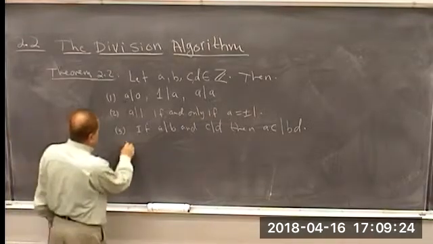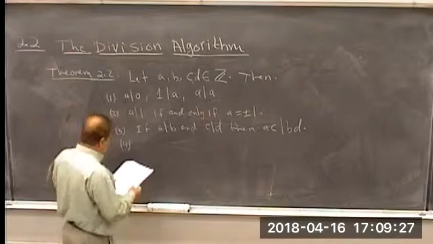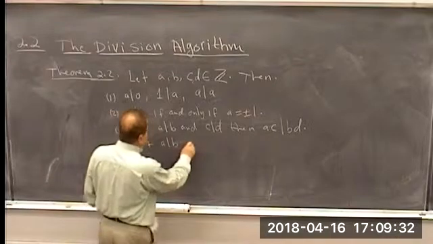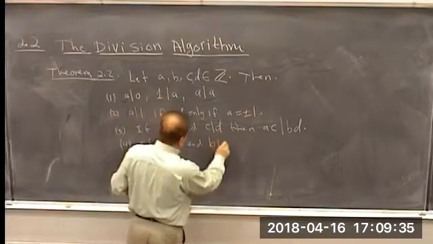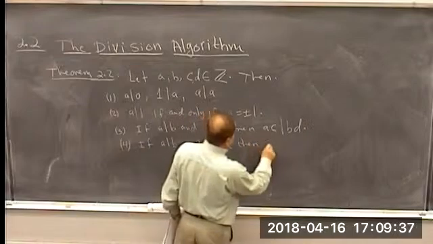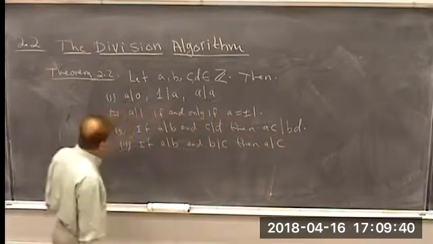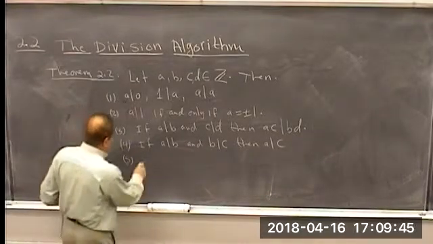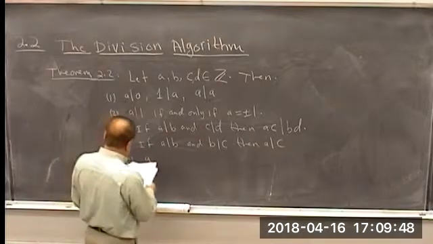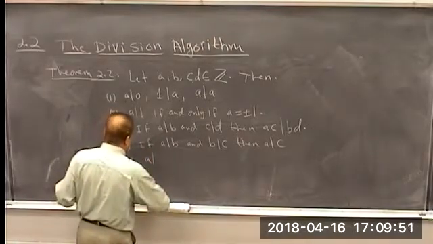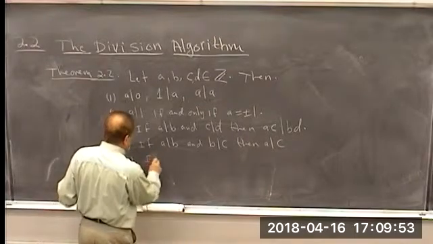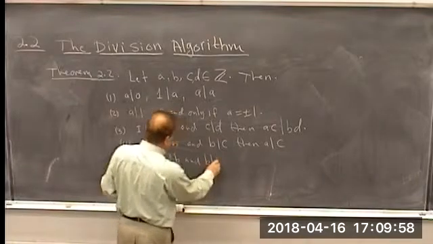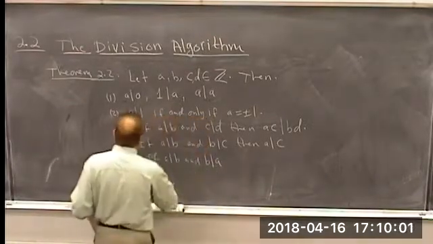Number 4 is if A divides B and B divides C, then A divides C. Number 5, A divides B and B divides A. But actually not, this is an if and only if.